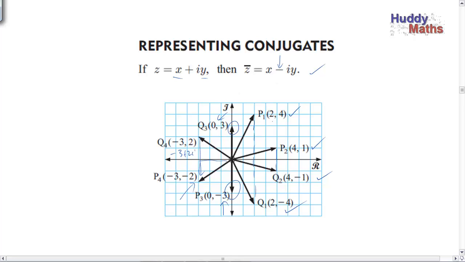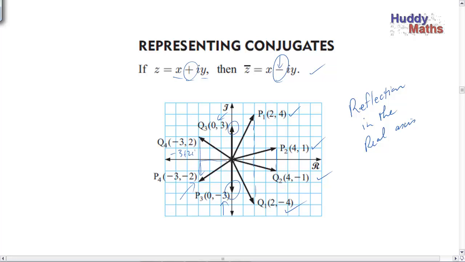So all these connecting lines, can you see what's happening with conjugates? One is the reflection of the other in the real axis, isn't it? Because you're changing this sign here either way, going up or down, and so it's really quite easily identified as a reflection in the real axis, what used to be the x-axis here.